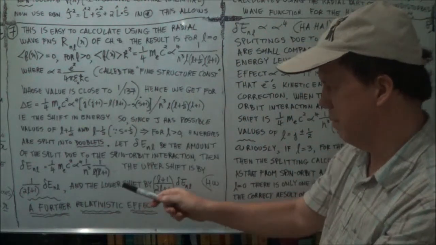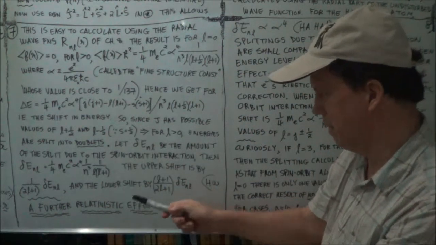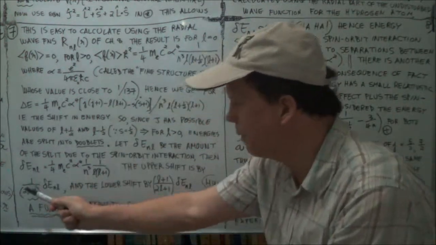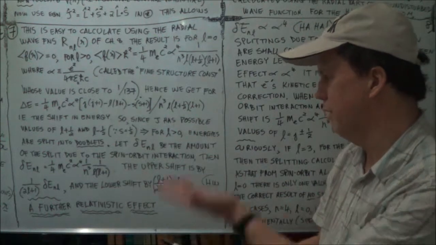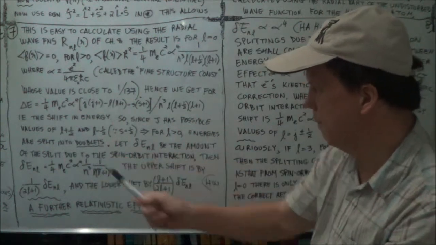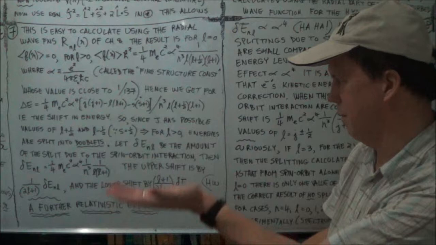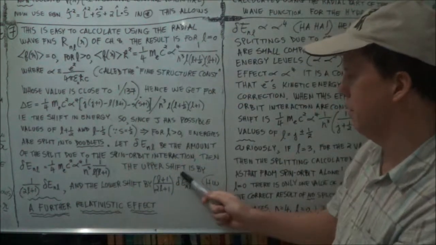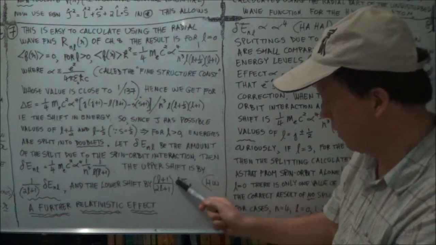So that's the lower shift. It'll shift down by this amount. Okay. And for the upper one, when you use this one, the upper shift is this much, and the lower shift will be this much multiplied by this factor.